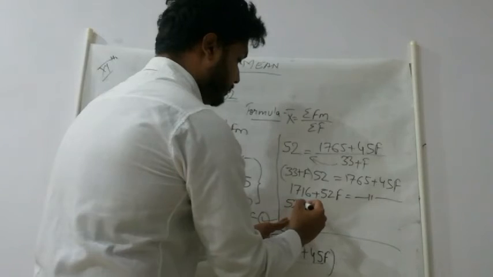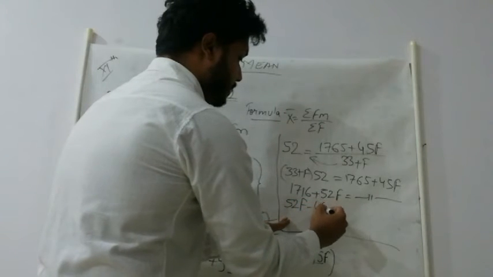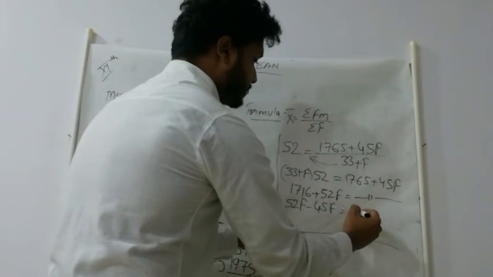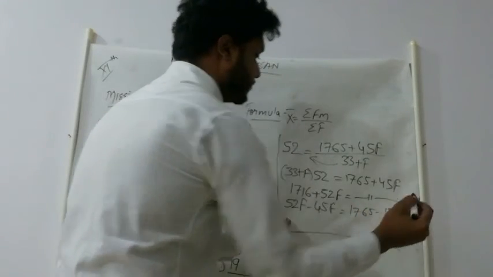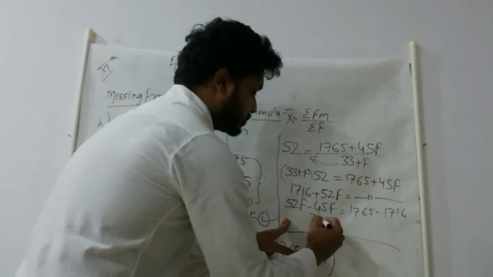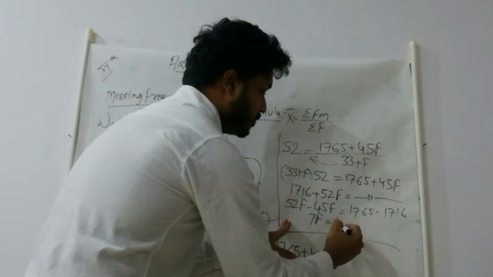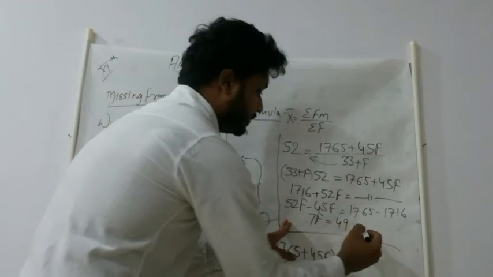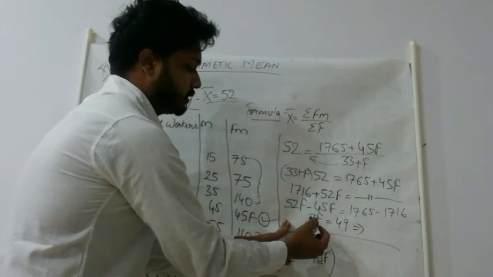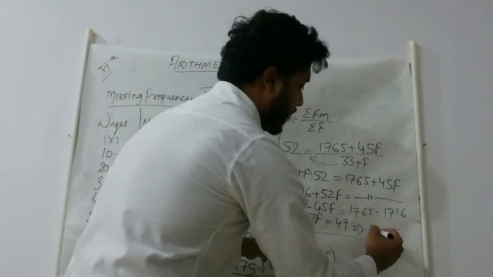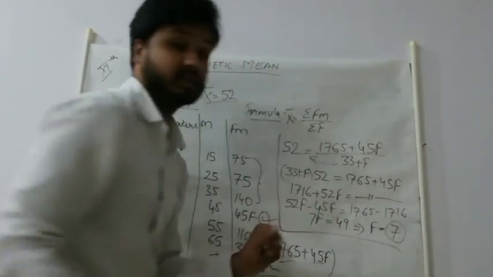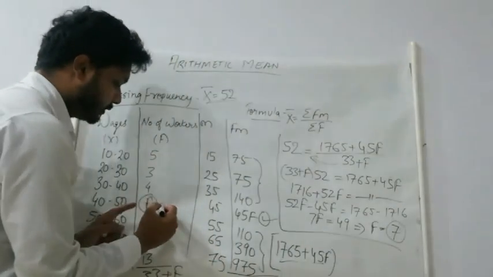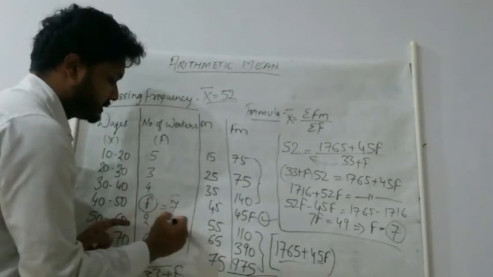So your equation will be 1765 minus 1716, like this, which will come to 7f is equal to 49, and ultimately value of f, 7 will come this side, f will be equal to 7, which means that the missing value of our frequency is 7 here.